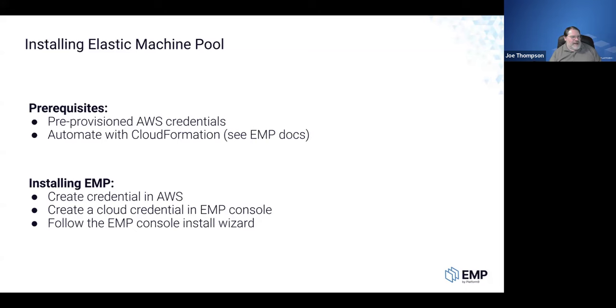There is a name format we use for auto discovery of credentials and other things, and make sure that it has the proper permissions. So you create that credential in AWS, then you log into the EMP console and create what we call a cloud provider. It's basically just putting that credential into EMP. And then you follow the console install wizard. It walks you through the process, and it gives you this very nice status display of how everything is going.